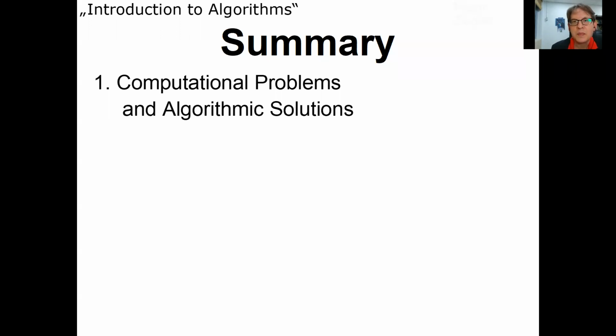And we talked about correctness, proof of correctness, and proof of optimality, that is complexity theory.